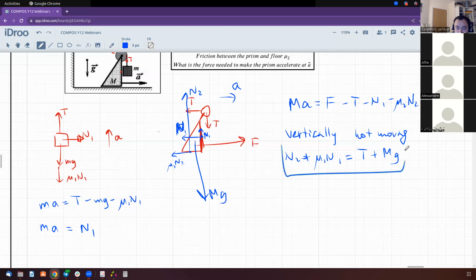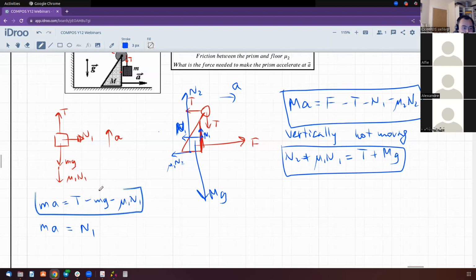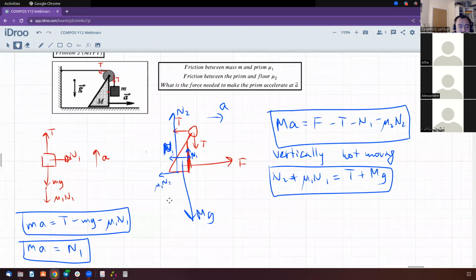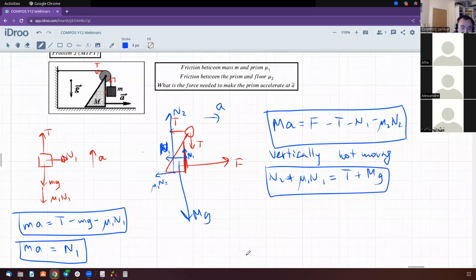And you have one equation, two equations, three equations, four equations, and the unknowns are F, N1, N2, and tension. Ta-da! We have four equations, four unknowns. You can do it.